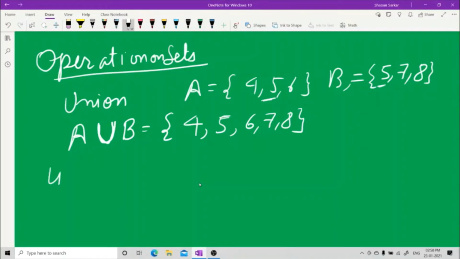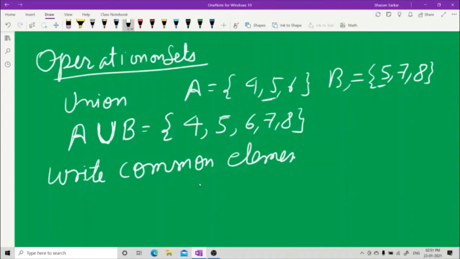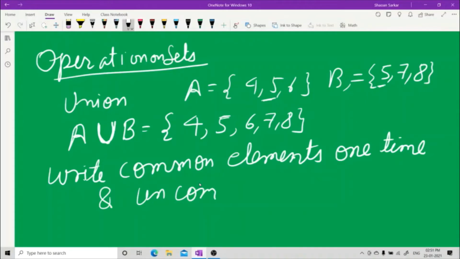Let me write down: write common elements one time and uncommon elements also.